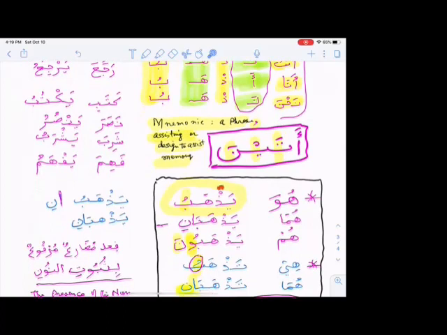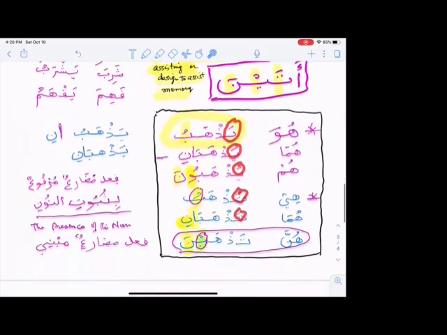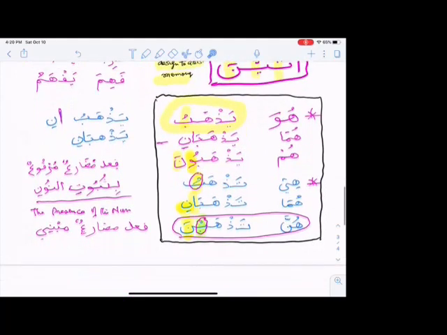Here, the Fa Kalima got a sukun. So what is this Ya? What is this Ya? Alamatu Mudaria. Only I want you to do these 5.